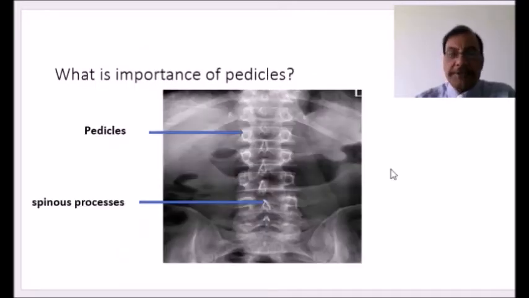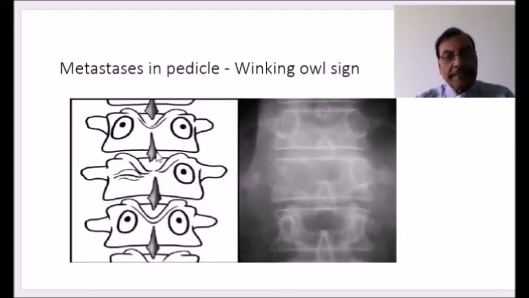Now let us understand the importance of pedicles. If you look at a vertebra with two large eyes as pedicles, it looks like an owl, where the eyes are very prominent and the face is small. One importance is that if there is a metastasis in one of the pedicles, it becomes closed.